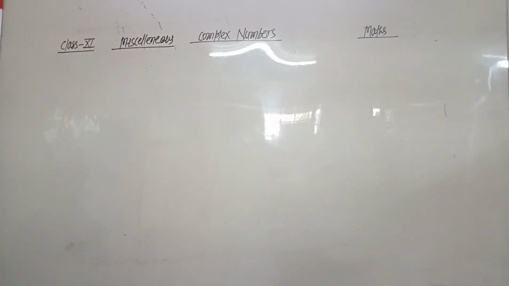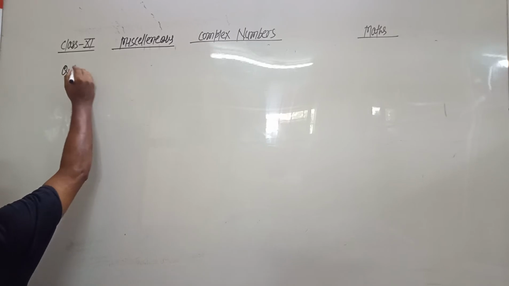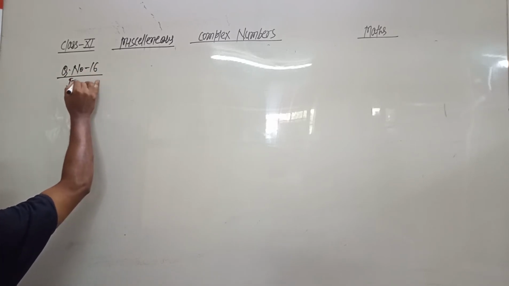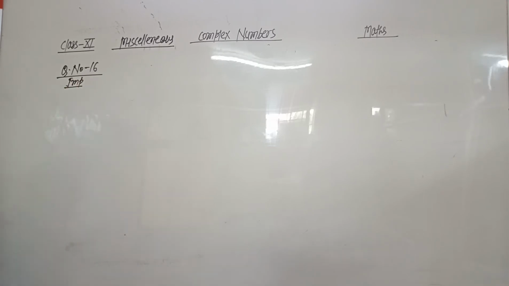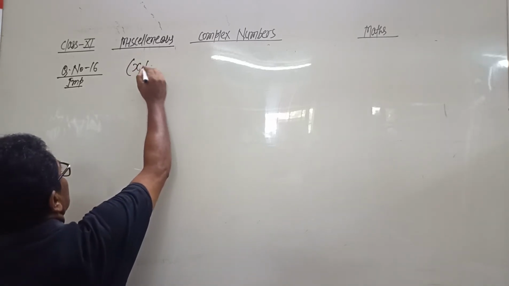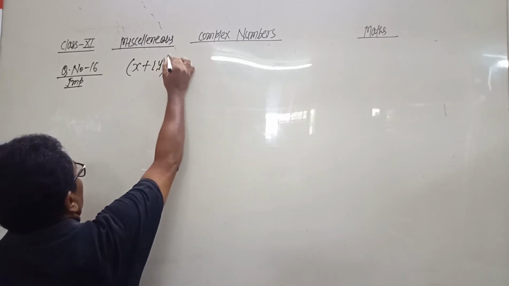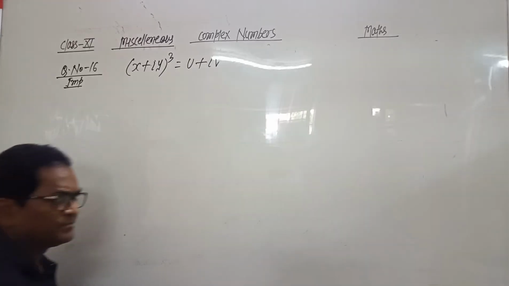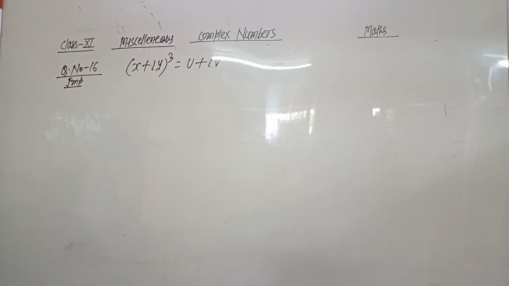Question number 16. If x plus iota y the whole cube. This is the important question. We have given x plus iota y the whole cube equals to u plus iota v.